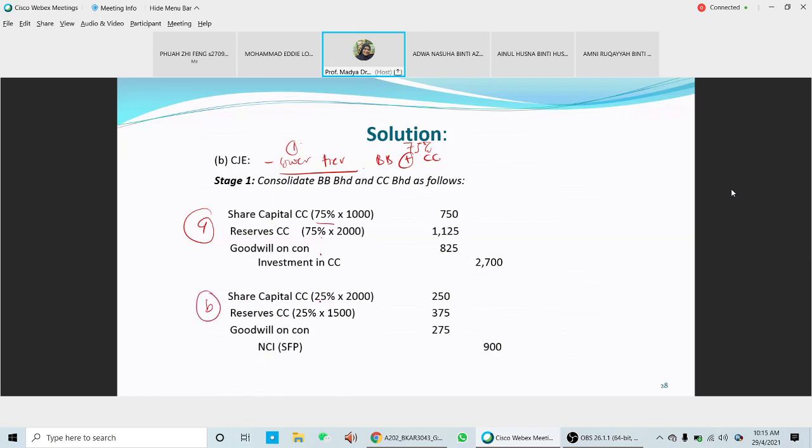Okay, and then this one is for the NCI. NCI share capital 25% in C. Share capital 25% times 2 million. Is it 2 million here or 1 million?